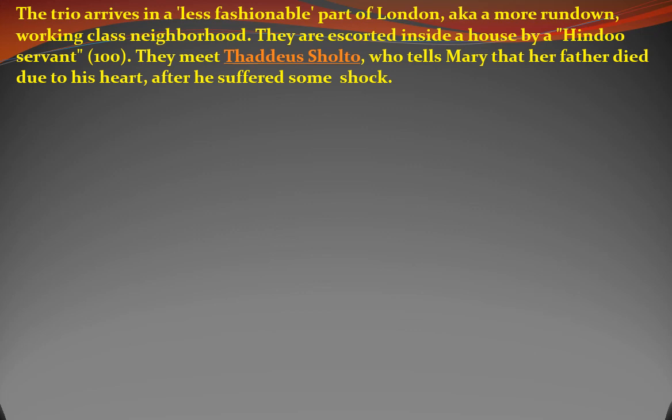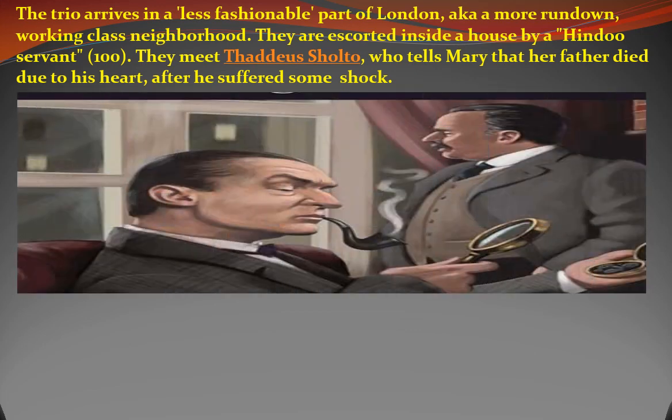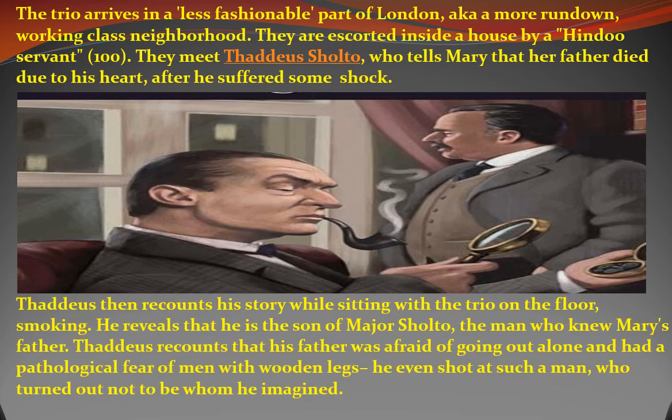They meet Thaddeus Sholto, who tells Mary that her father died due to his heart after he suffered from shock. Thaddeus then recounts his story while sitting with the trio on the floor, smoking.